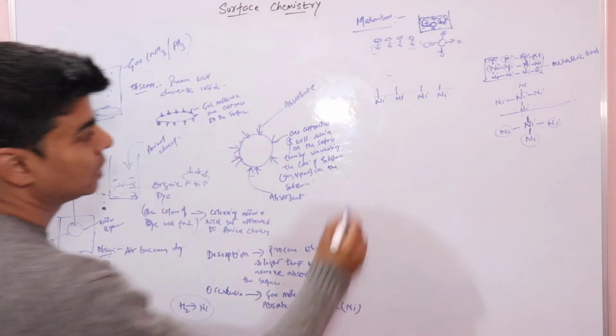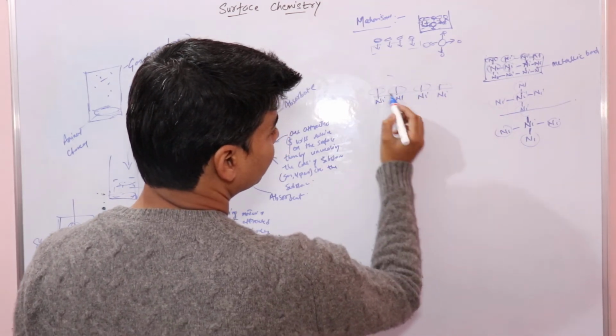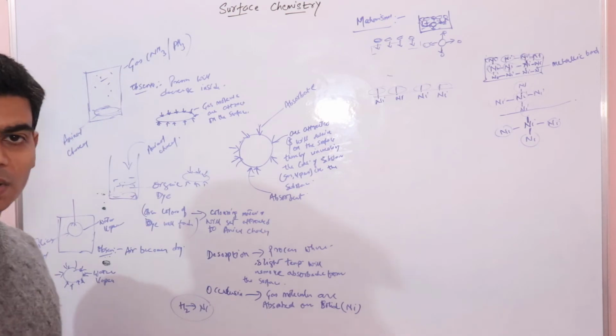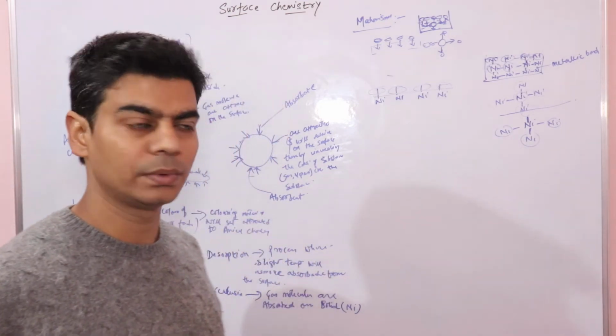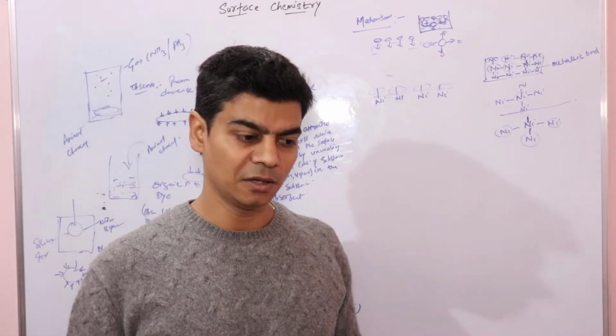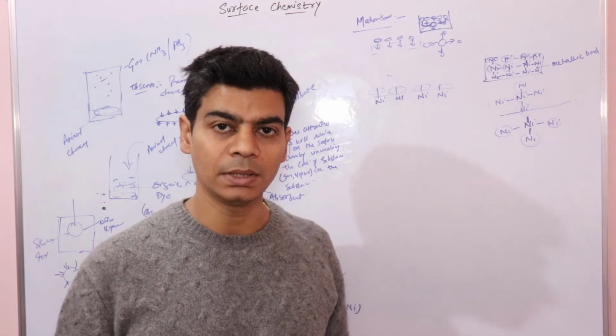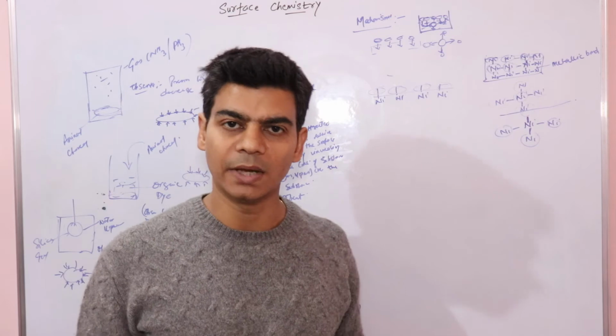So at the surface we have these. What are these? We call them unbalanced forces, or residual forces, to be correct. These are your residual forces, which are nothing but valence forces, and these are nothing but your unsatisfied valencies.